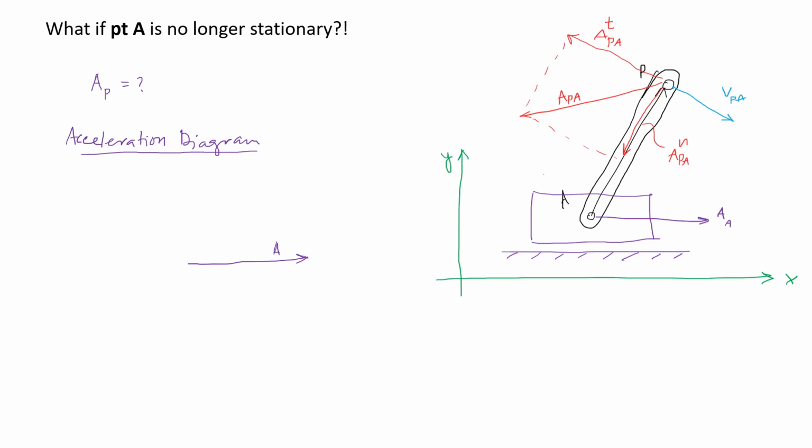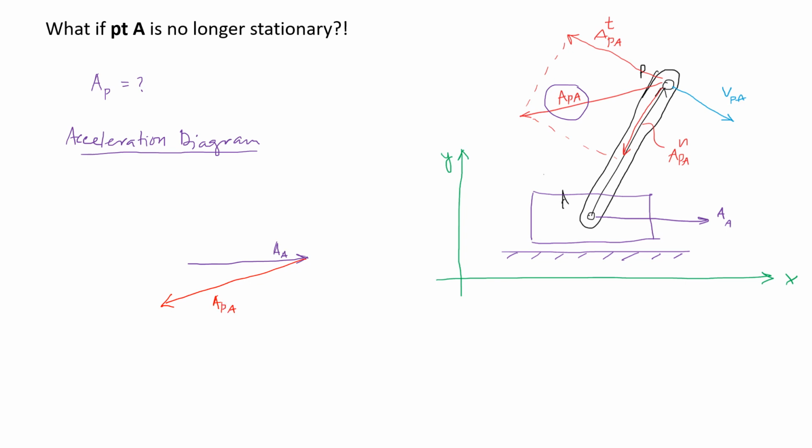So this is AA, and from the head of this vector, I'll try to draw the vector APA, which is the acceleration of point P with respect to A. I'll try to draw it using the same color. So this looks somewhat of this shape. So this is the acceleration of point P with respect to A.